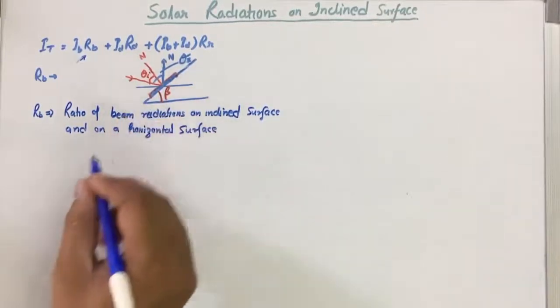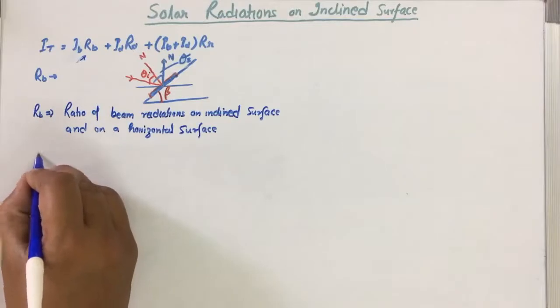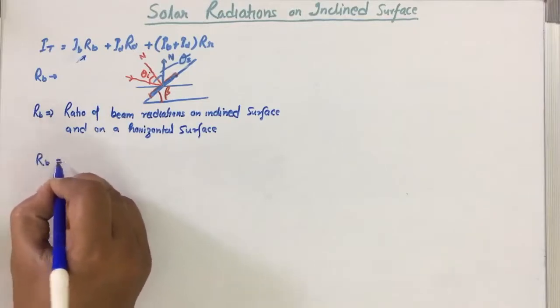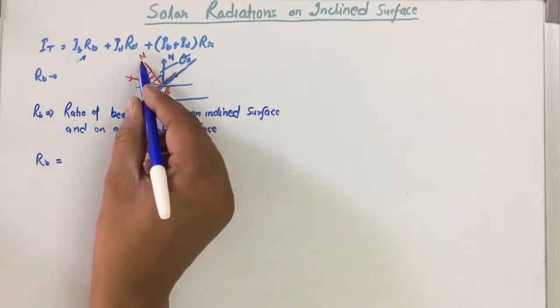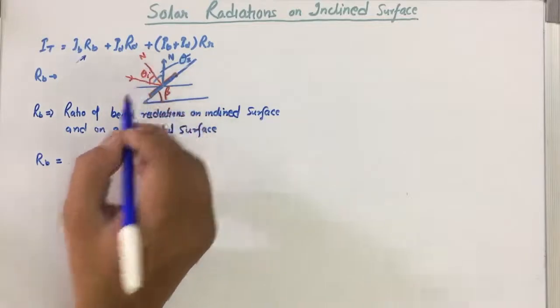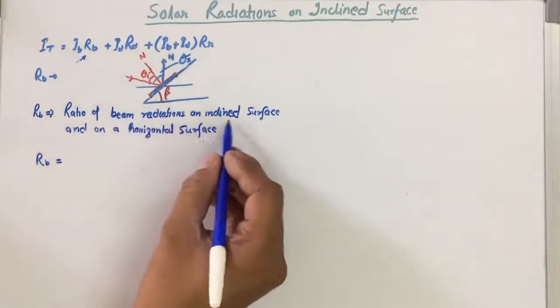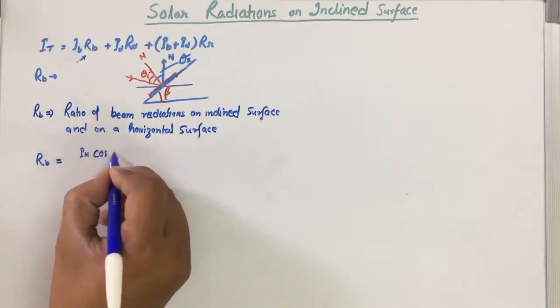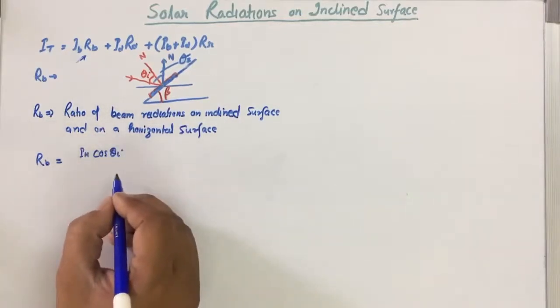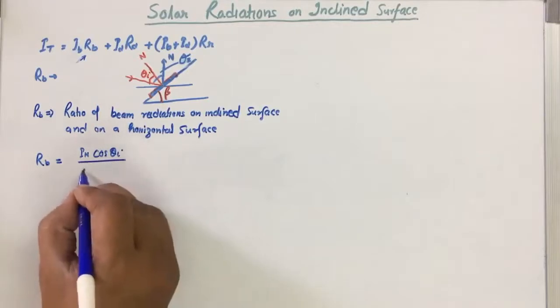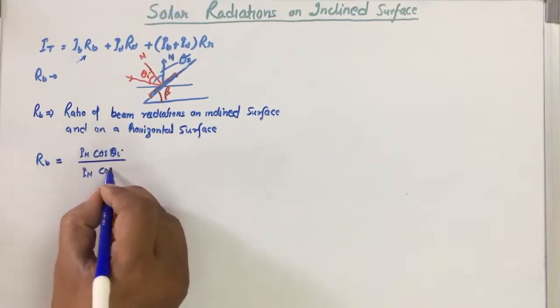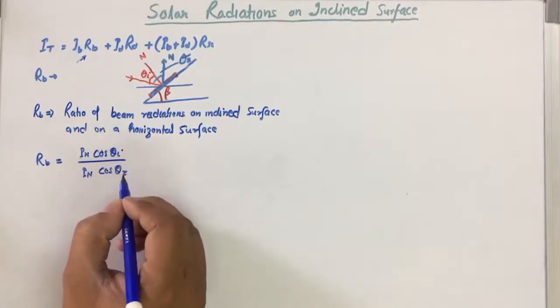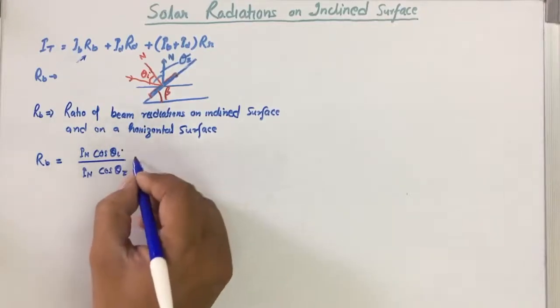Okay. According to this definition, we can say RB is equal to In cos theta I, the beam radiations on the inclined surface, divided by In cos theta z. And what is this, by the way?